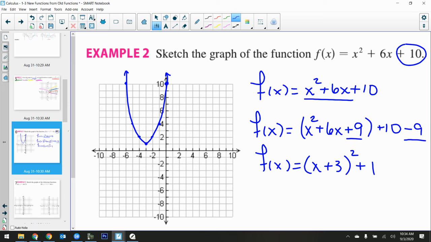Here's my problem, pretty precise sketch. But the best route to take here, if you truly want to see the transformations, is to put it into vertex form by completing the square.